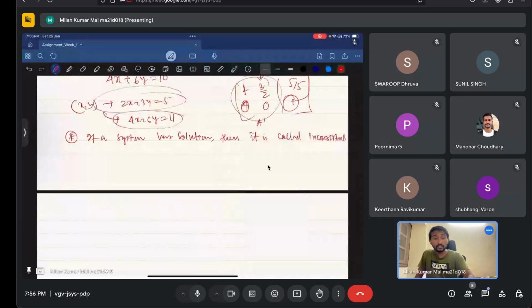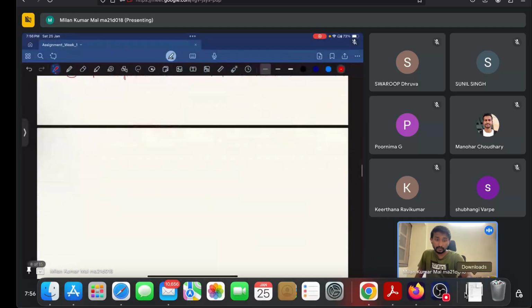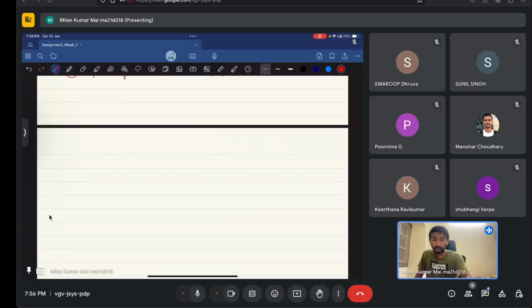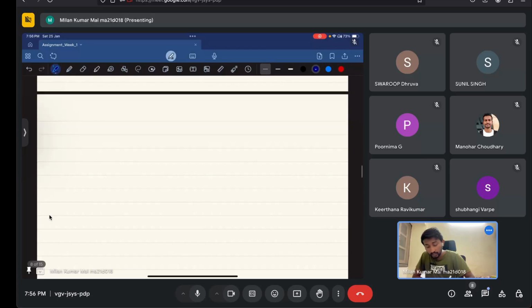Now we'll quickly look at what a vector space is. The vector space definition I will not go into, but the vector subspace. I will prove in one equation whether something is a subspace or not.